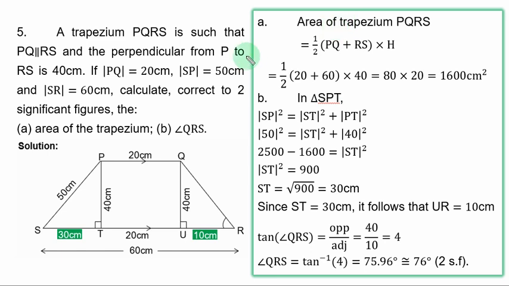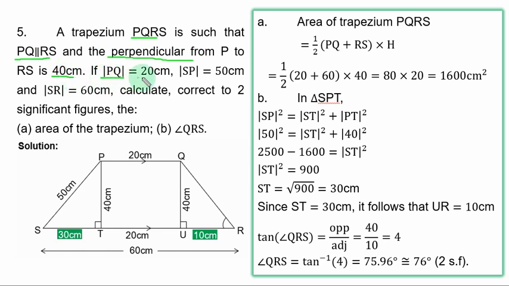Question 5. A trapezium PQRS is such that PQ is parallel to RS and the perpendicular from P to RS, that is the height from P to RS, is 40 cm.